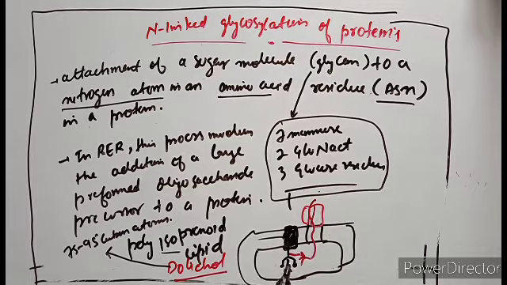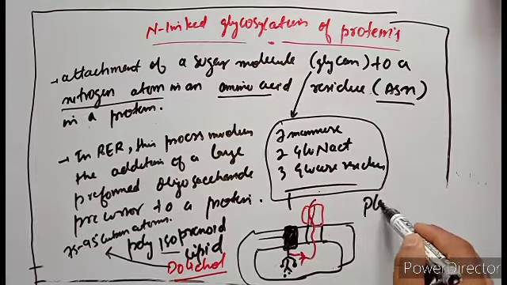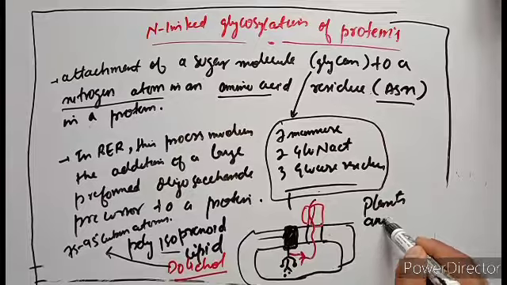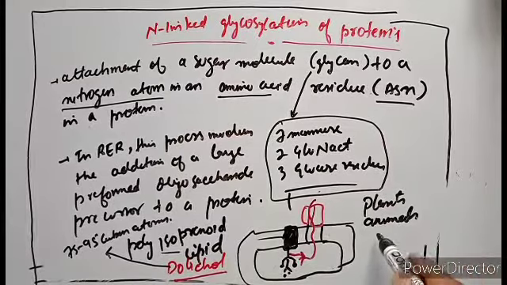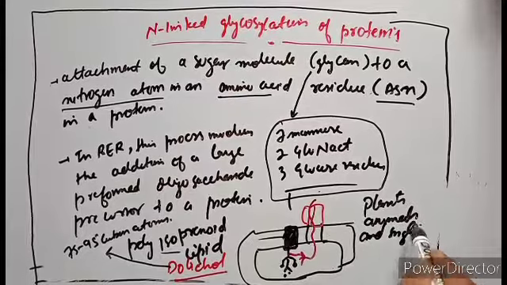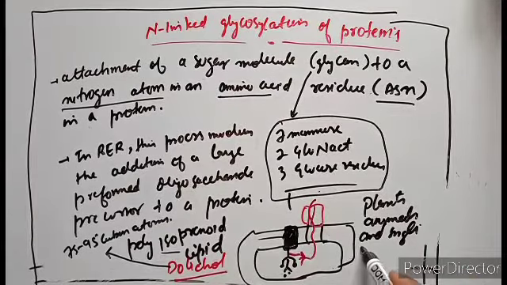So the structure of N-linked oligosaccharide is same in animals, and single-celled eukaryotes.